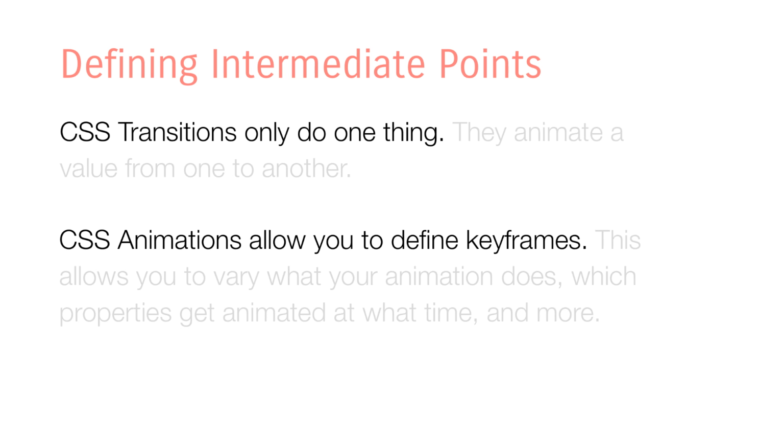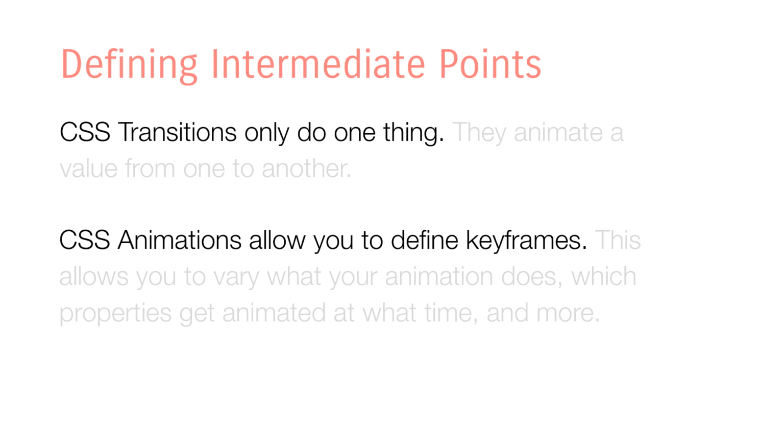So this one's kind of obvious. It is defining intermediate points. If you want your animation to do anything but go from point A to point B, you don't want to use a CSS transition. Like we looked at before, and we look at some of the graphs again, a transition can only really do one thing. You have a starting value, you have an ending value, and the transition will take care of making sure that the points between them are interpolated. Now, CSS animations are different.